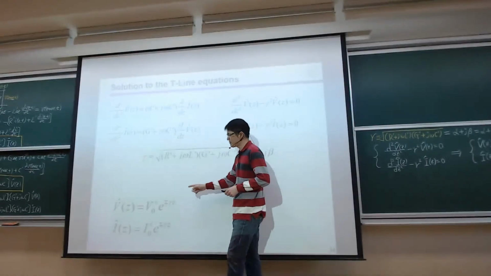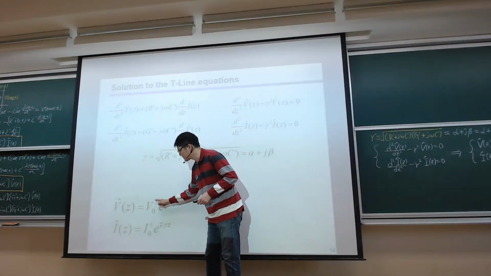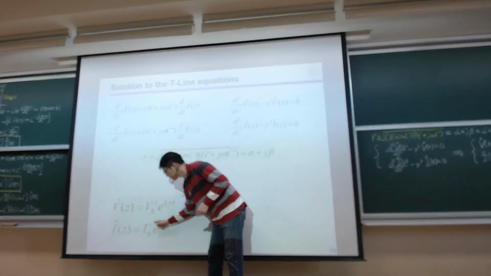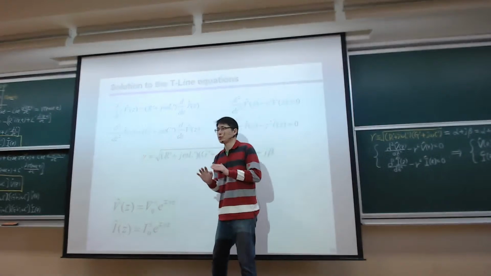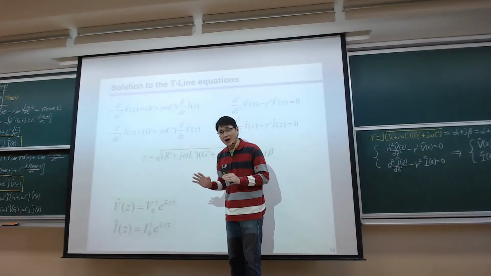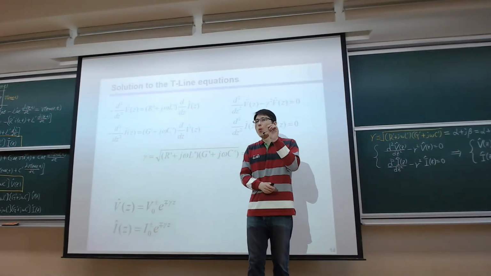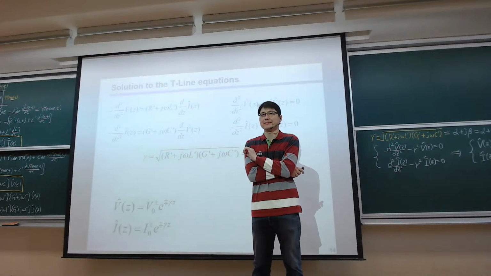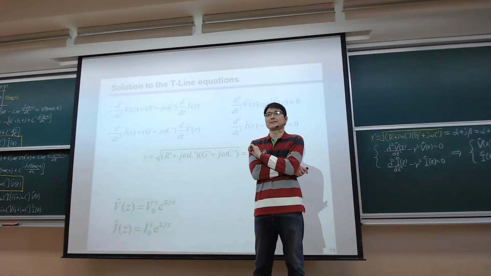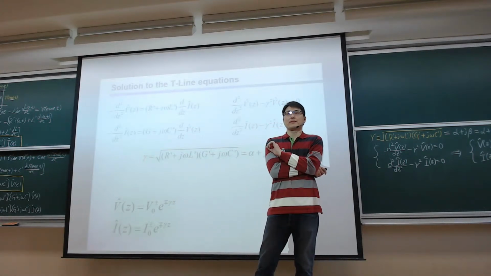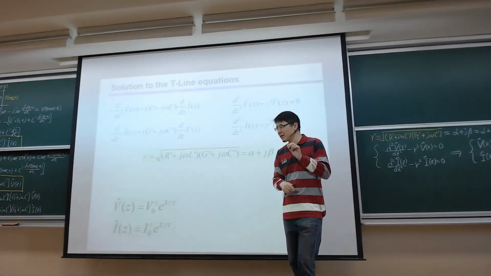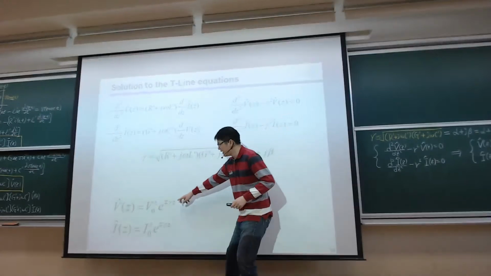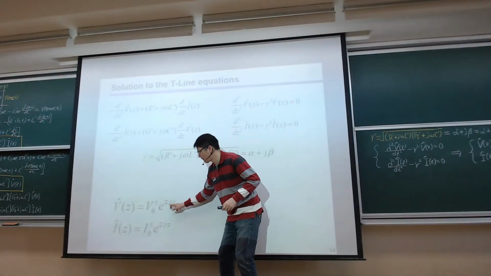Now, another physical sense. Even though we have 4 unknowns, V0 plus, V0 minus, I0 plus, I0 minus, which we don't know how to solve for now, there is one happy thing. What is that happy thing? There's one happy thing embedded in this equation.